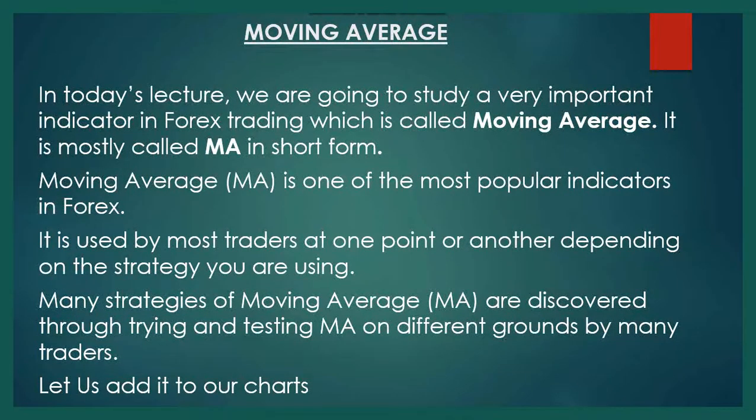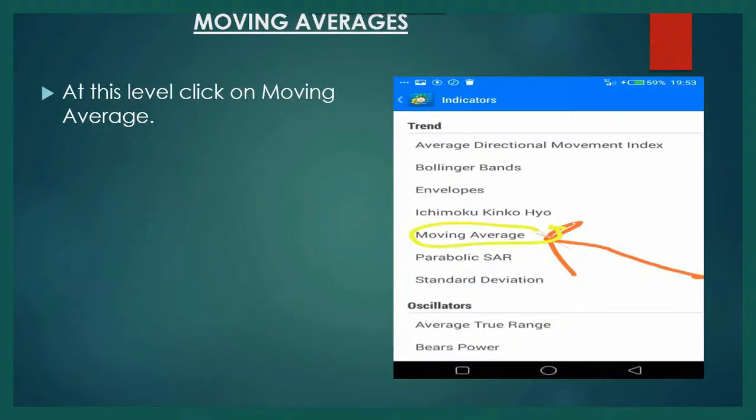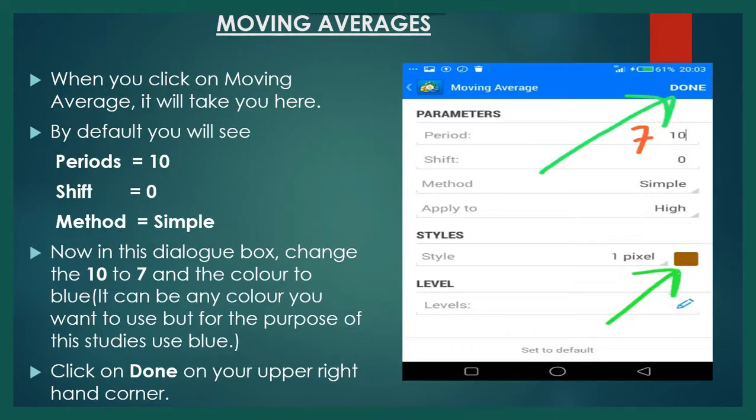It is used by most traders at one point or another, depending on the strategy you are using. Many strategies of moving averages are discovered through trying and testing MA on different grounds by many traders. Let us add it to our chart.